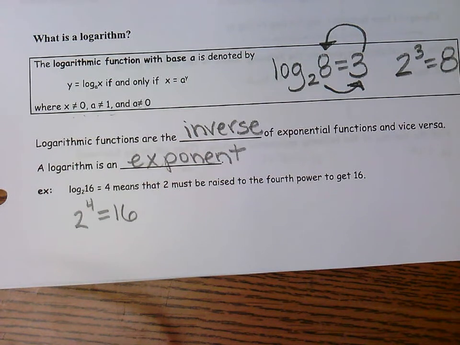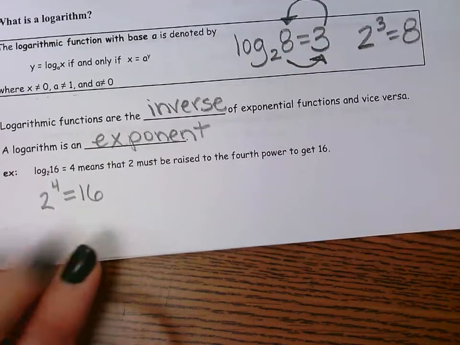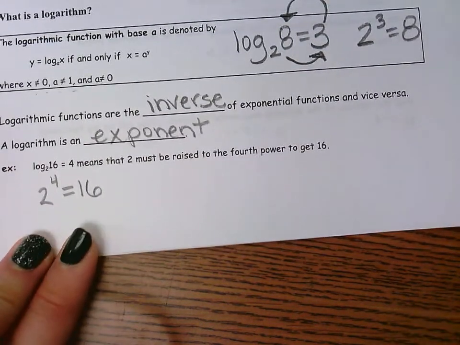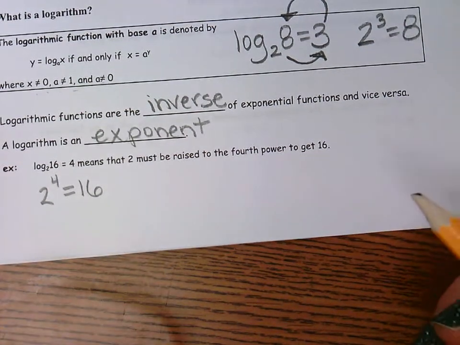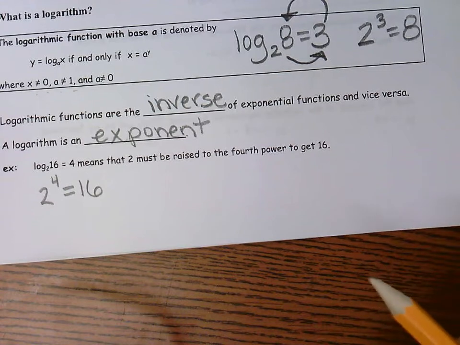So the reason we need logs, the reason we need these inverses of exponential functions, is because you just spent some time in your exponent lessons figuring out the powers of 2 or the powers of 3 and what they are.